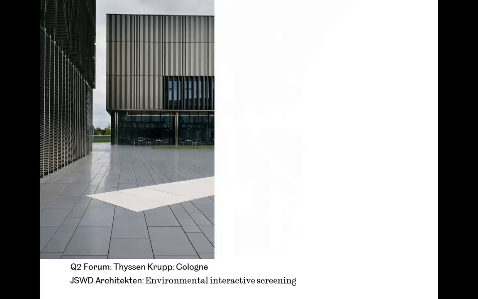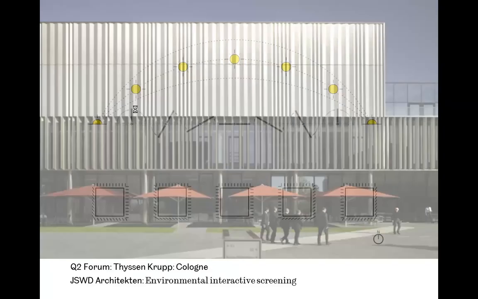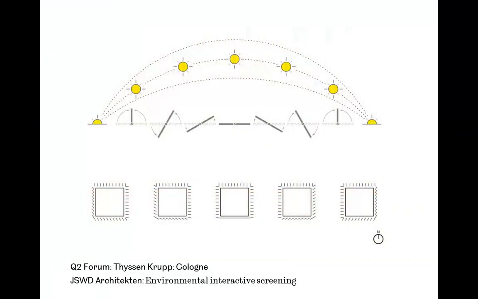That's a view at lower level. I think there's a detail, yeah. So this is the system, and the same screen is applied to all facades, north, south, east, west. They all get the same screen.